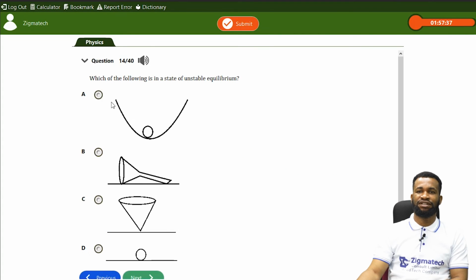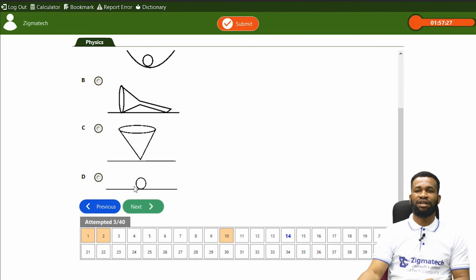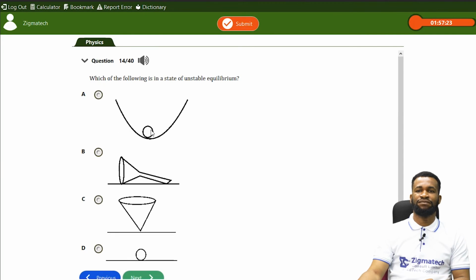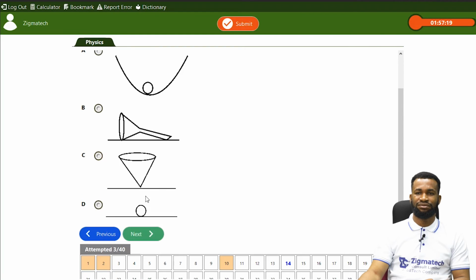Another question: which of the following is in a state of unstable equilibrium? Which one? This is neutral, this is neutral, this is neutral. This one is unstable equilibrium.